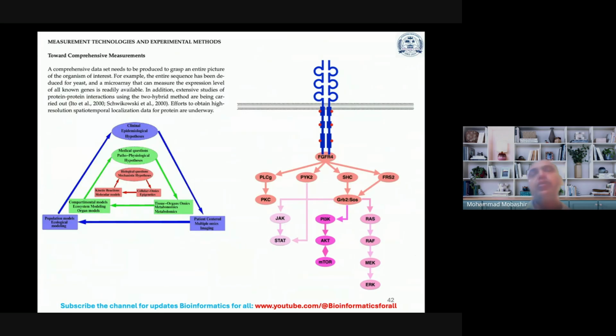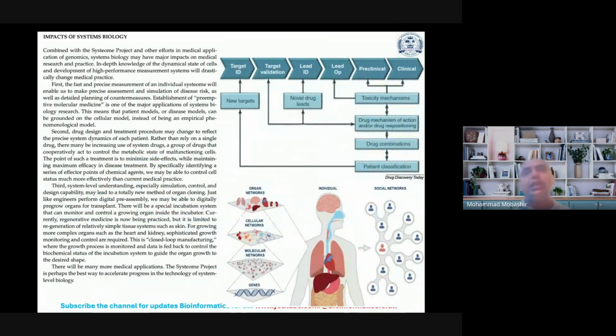So here you need to create such a map first and then prepare the model or coding and set up the final model for simulating the entire system. And then you move from one step to another step. Next, it comes to the impact of biology in drug design.